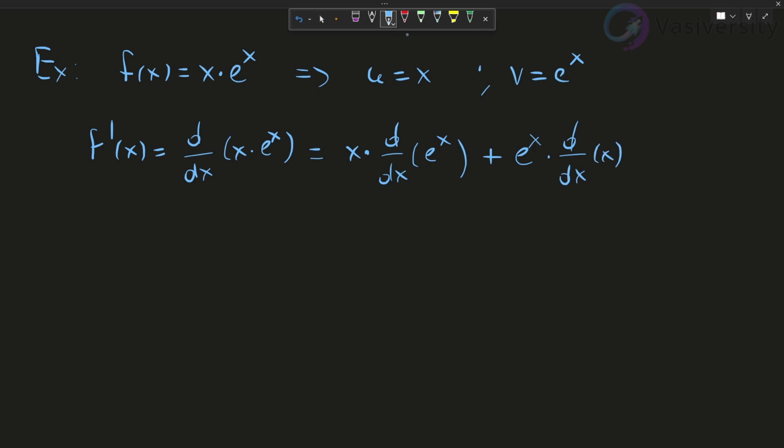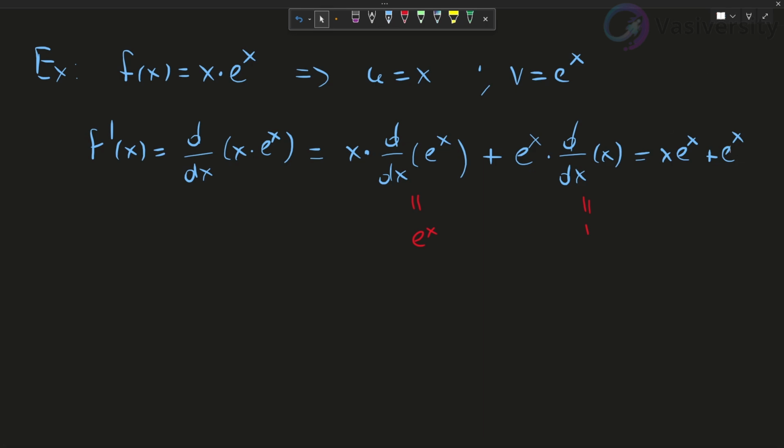And remember from the previous lesson, the derivative of e to the x is e to the x, and the derivative of just x is 1. So we're going to have x e to the x plus e to the x.